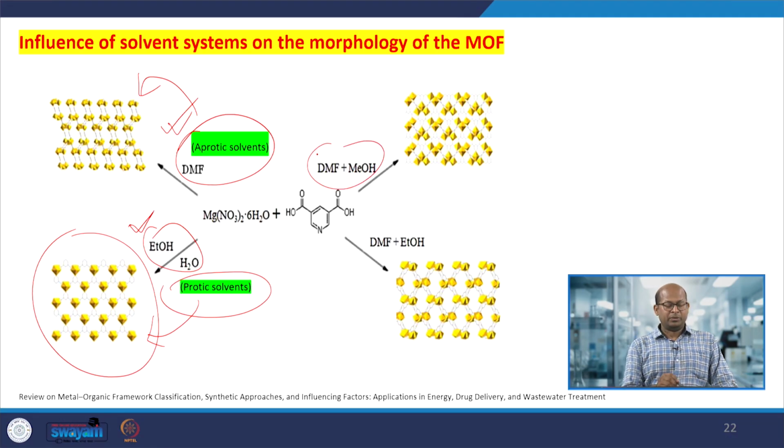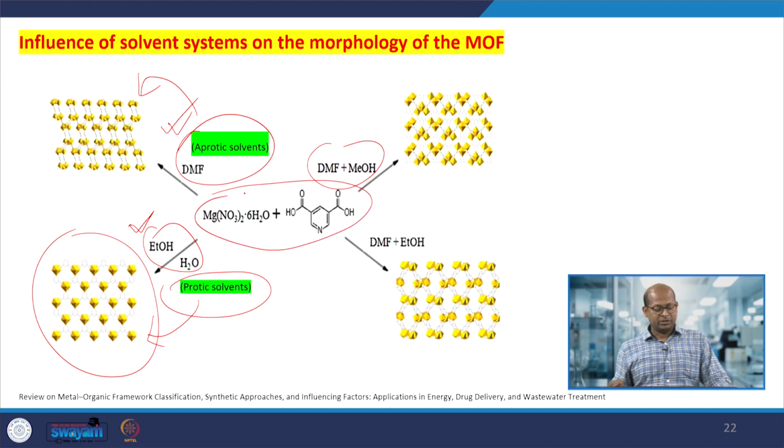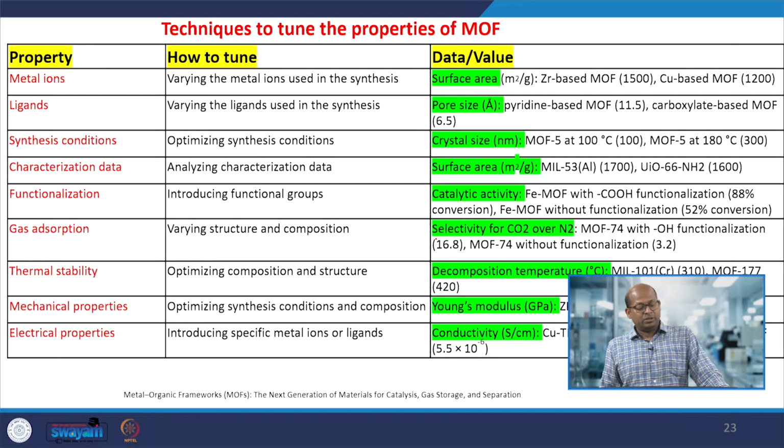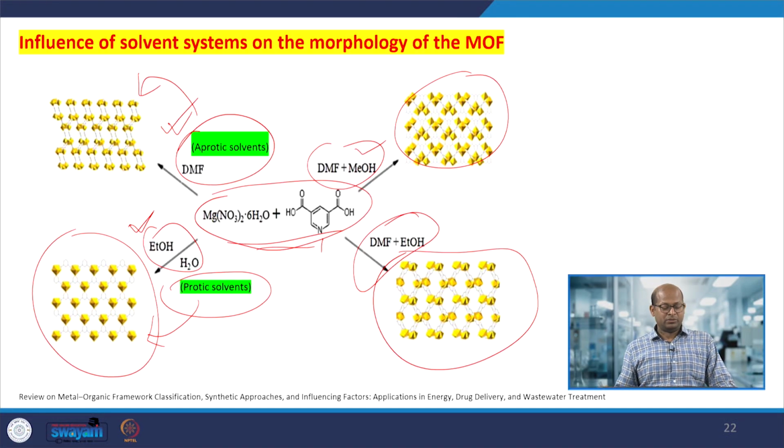When DMF and ethanol are used instead of methanol, this type of structure forms. So depending upon that, the solvent is also important. Different types of structures would form in the same MOF material. Here the metal was magnesium and this was the linker. So the structure is different.